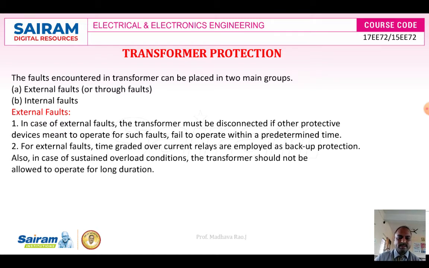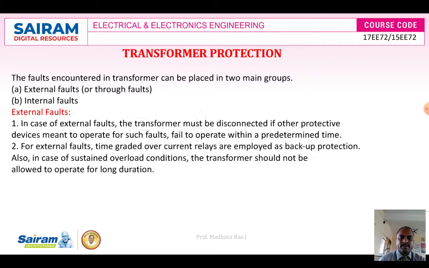In external faults, the transformer is installed outside of the room. The majority of transformers are installed outdoors. So due to external situations like thunder and trees, these transformers may be damaged.